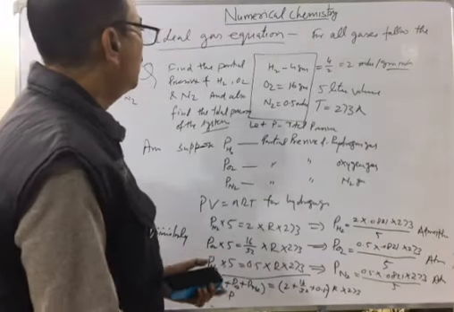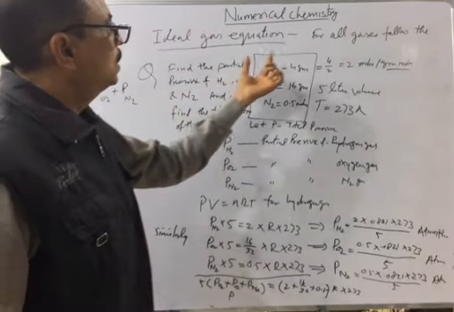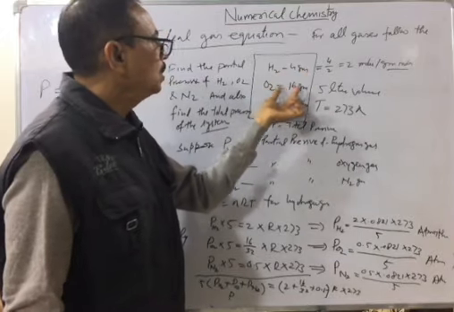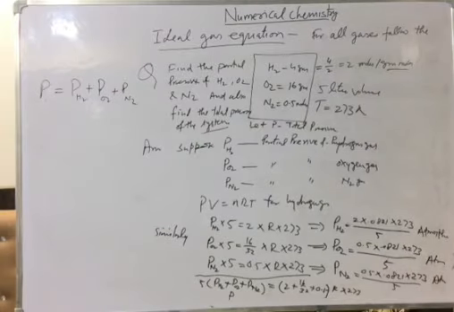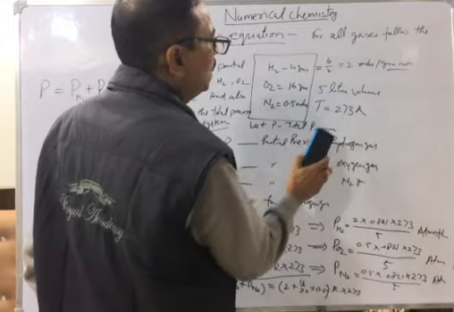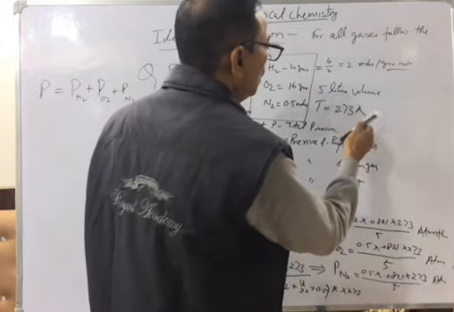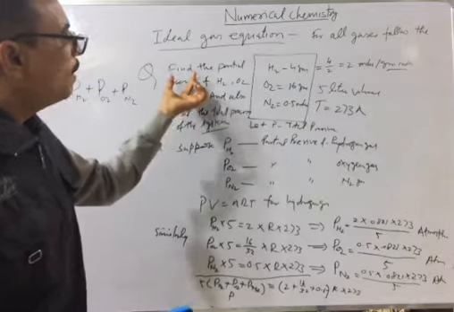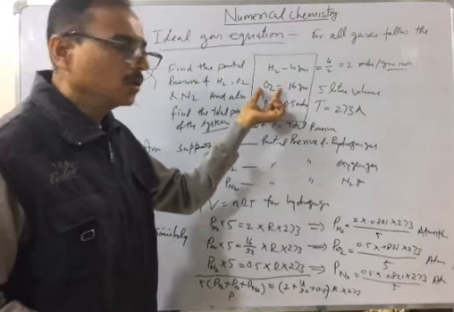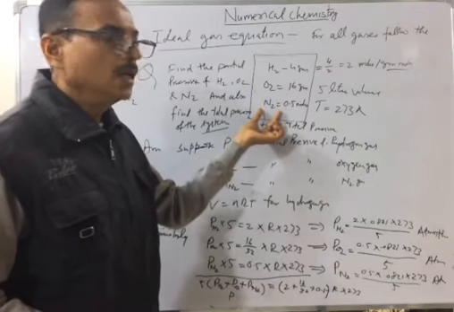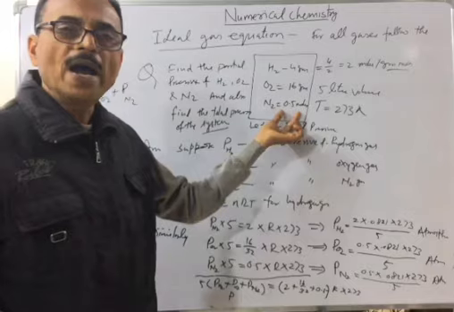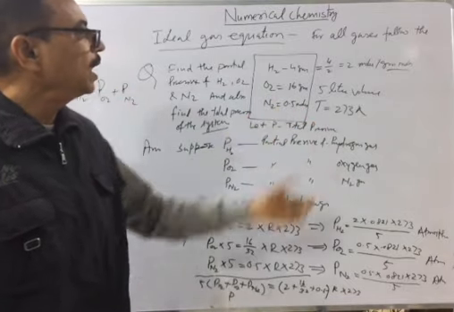Now we take one example. Suppose this is a container, contains hydrogen gas 4 gram, oxygen 16 gram, nitrogen 0.5 gram, and the volume of this container is 5 liter, temperature 273 K. So you have to find out the partial pressure of hydrogen, partial pressure of oxygen, and partial pressure of nitrogen if 4 gram hydrogen, 16 gram oxygen, and 0.5 moles of nitrogen are given.